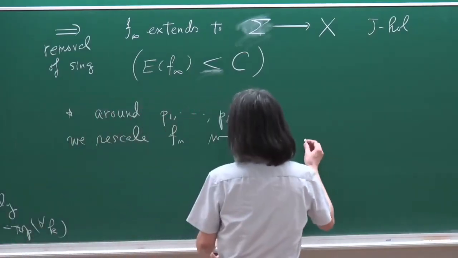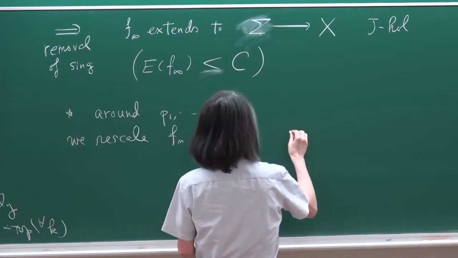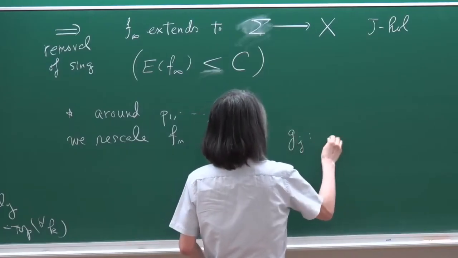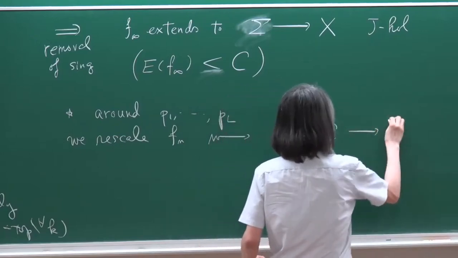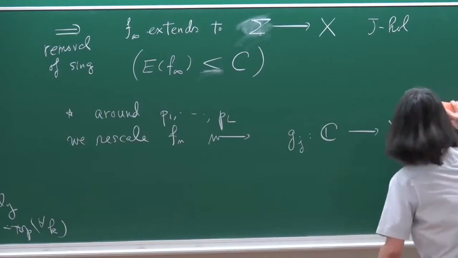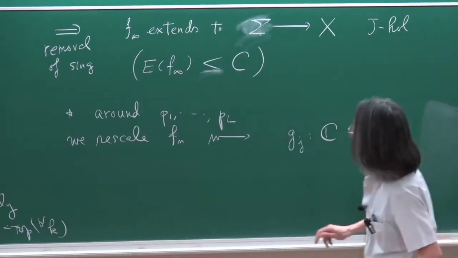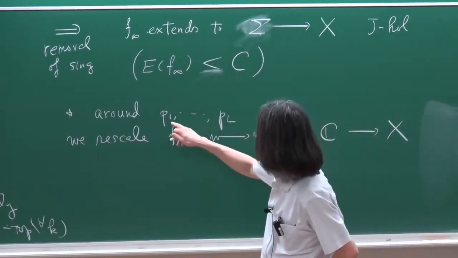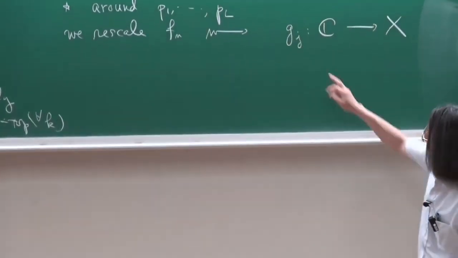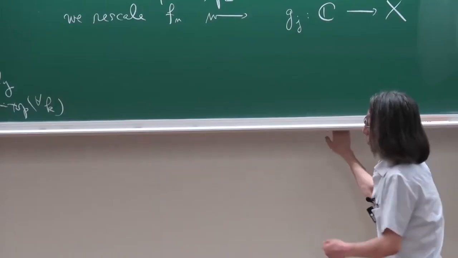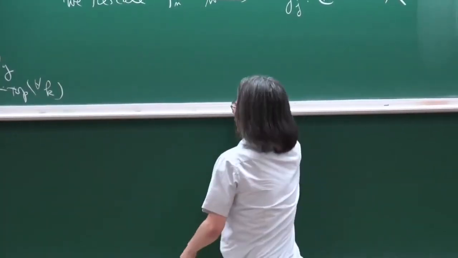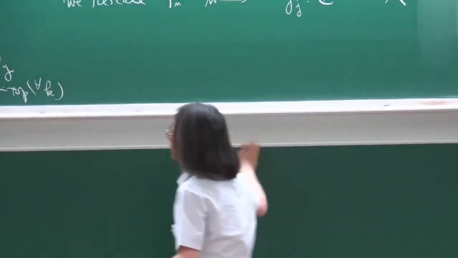And then we obtain other curve, maybe G_j from maybe C to X, and j, yeah, something. So j, in this case, maybe at the beginning 1 to L, but actually there may be more. So I will explain it a bit more carefully. But roughly, the idea is the following.